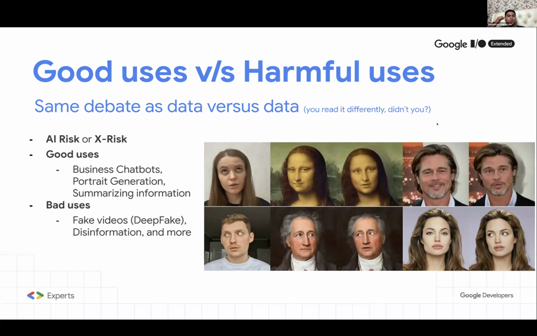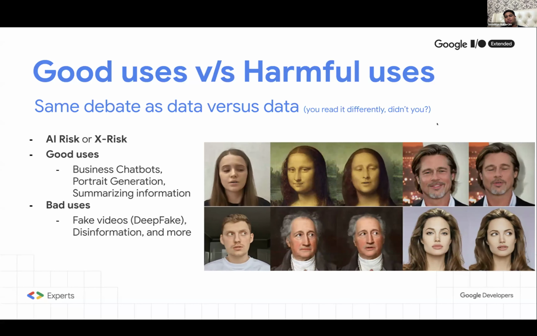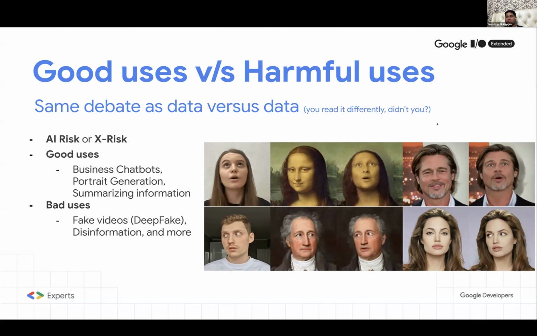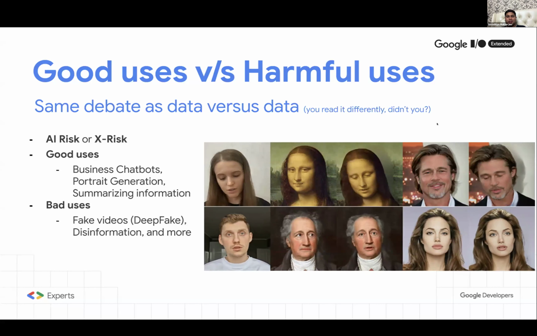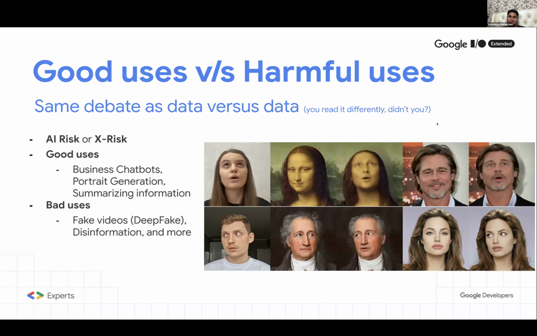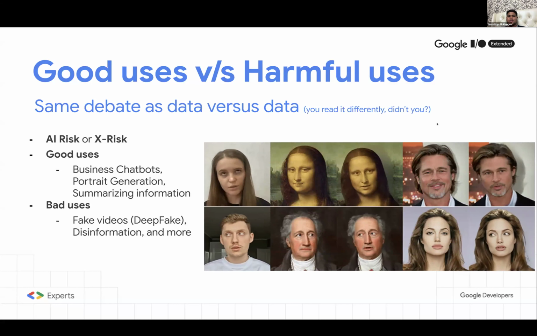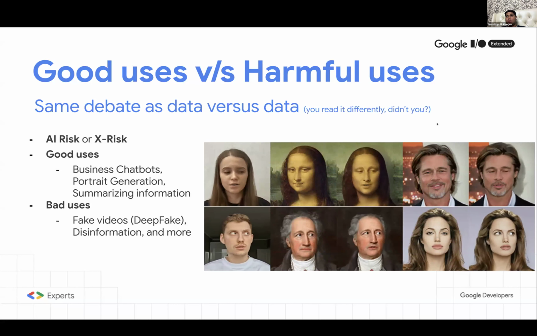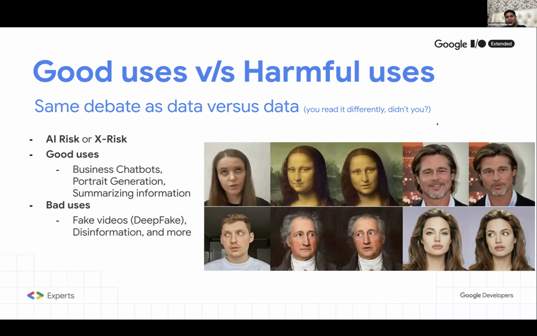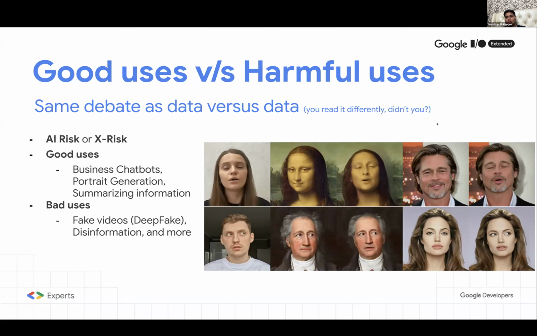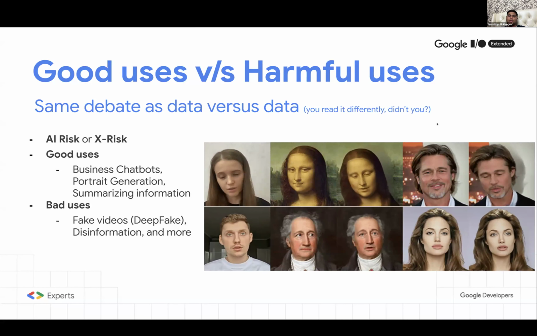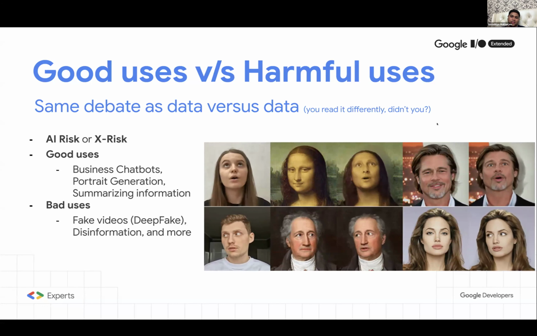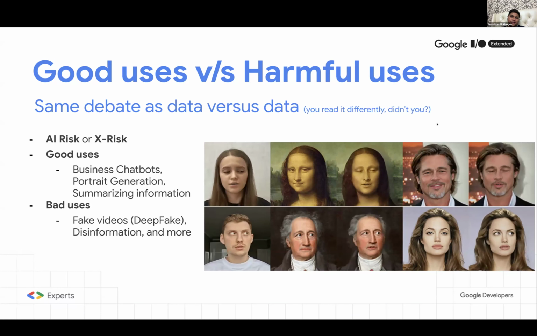But then it's very important to also understand the good uses versus the harmful uses. It's the same debate as data versus data. It depends. I mean, people just say it differently, right? The first thing that you need to consider in such a case is AI risk or X risk that people talk about. It's important to understand that generative AI has the ability to also bring in a lot of problems, while it also has a ton of potential towards betterment of society, right?